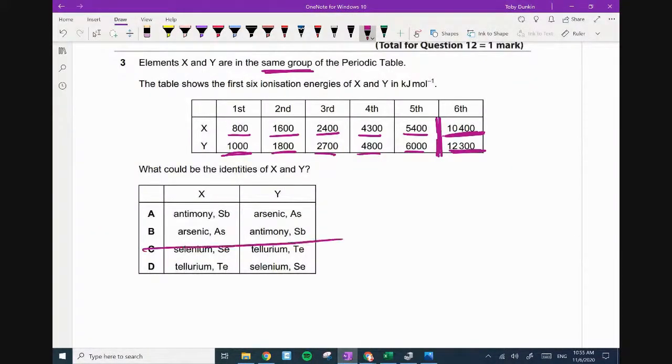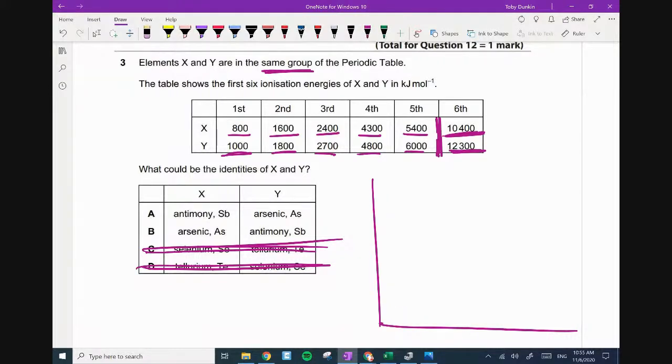The only ones in group 5 are antimony and arsenic. The next thing to realize is they've given us them either way round. We both know that they're in group 5, but if I was to graph these two, the graph of X would look like this.